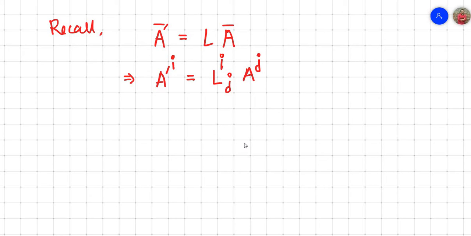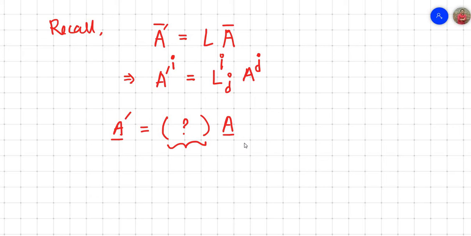So now the question is, what is the transformation property of the dual vector under such a coordinate transformation? I should write a prime here. So what should this operator be doing here? We can answer this from the concept of preservation of the dot product.